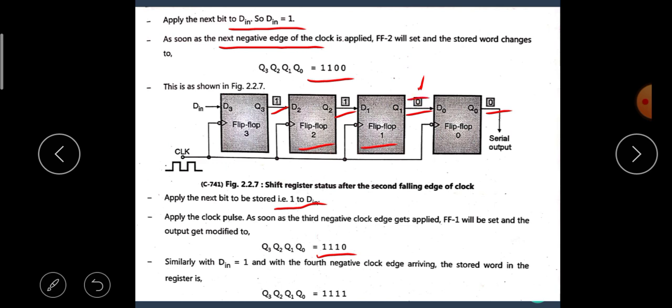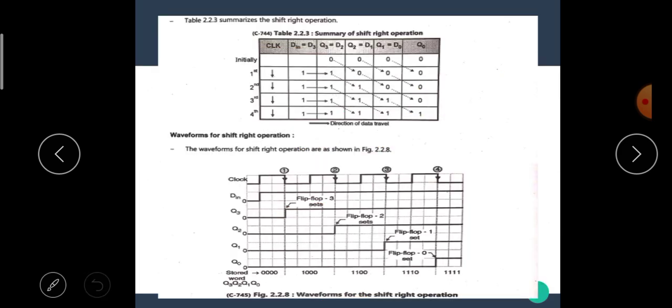And similarly at the application of the fourth bit, that is 1, and the fourth clock pulse, flip flop 0 is set, hence the data becomes 1 1 1 1. Okay, the operation is very simple here. I hope you will understand it.